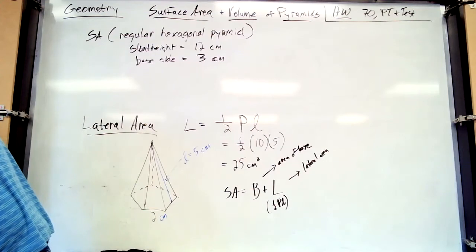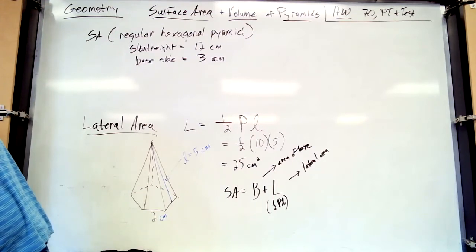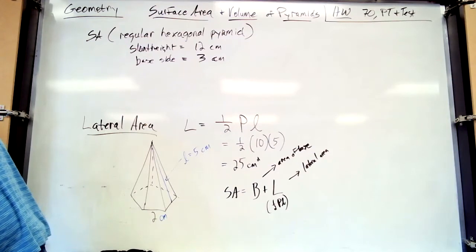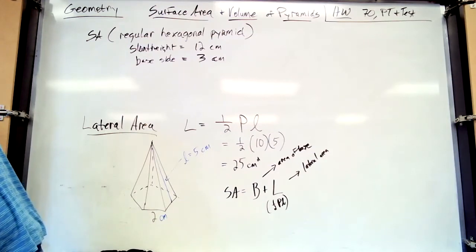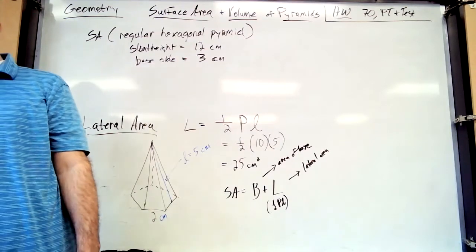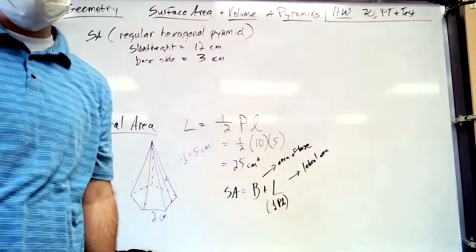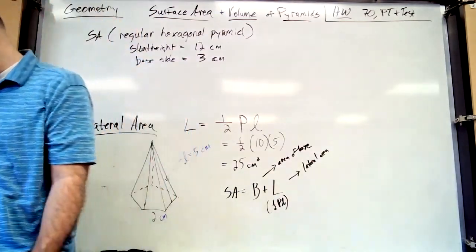Oh my god. Okay, and you can round your answer. It's going to be a decimal, so you can round your answer to like the nearest hundredth. What do you got?